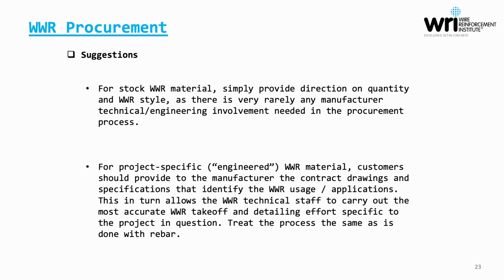This will in turn allow the technical staff to carry out an accurate welded wire reinforcement takeoff and detailing effort that is specific to the project in question. So really treat the process for structural applications using welded wire reinforcement the same as it's done with rebar.